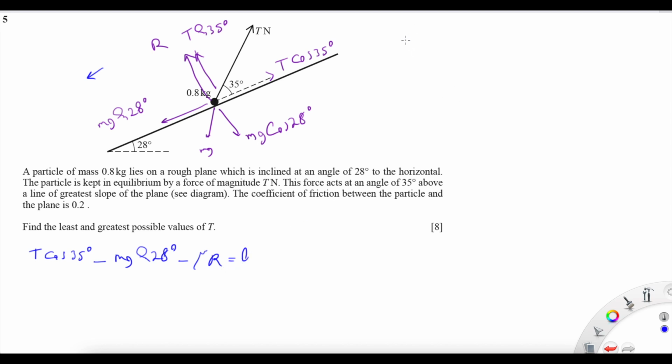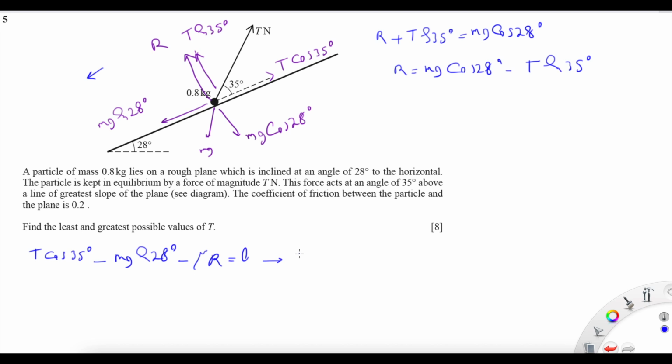In order to find R, we know that R plus T sine 35 is equal to mg cosine 28. So R will be mg cosine 28 degrees minus T sine 35 degrees.